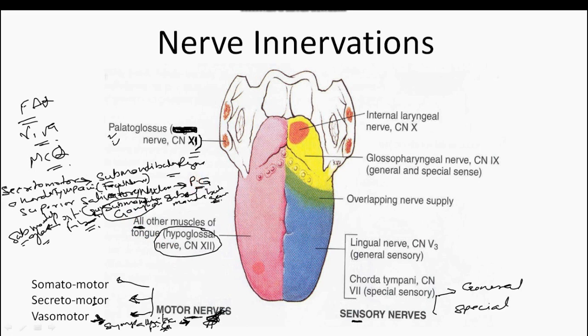Whereas for the sensory nerve fiber, here we see the anterior 2/3 is innervated by the lingual nerve, which is a branch of the fifth trigeminal nerve, for the general sensory, that is for pain, temperature, touch.